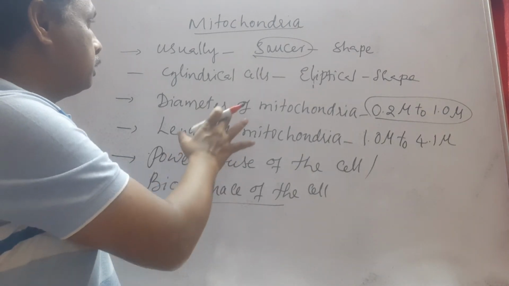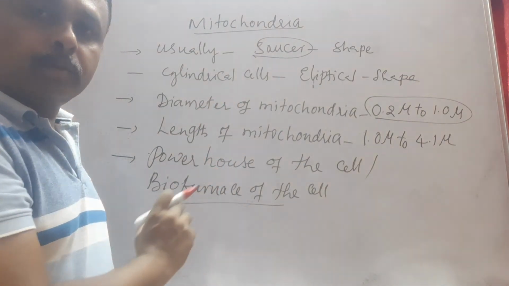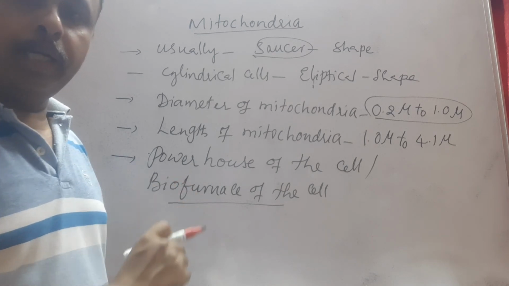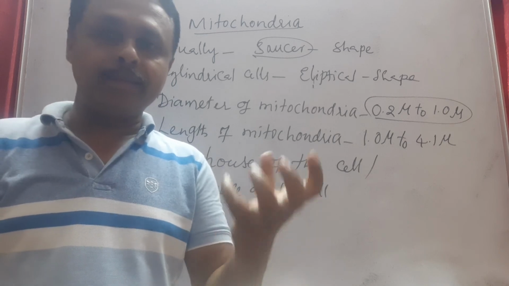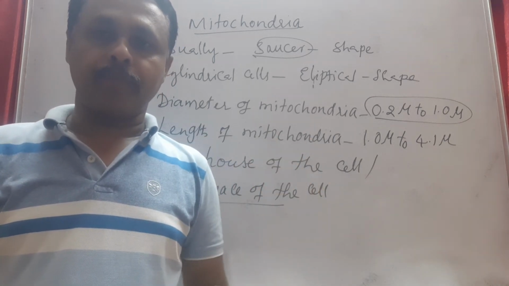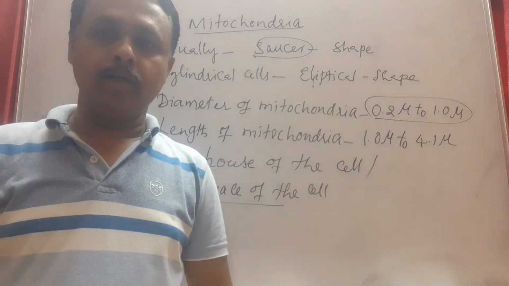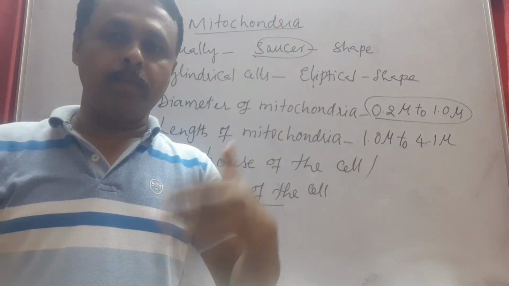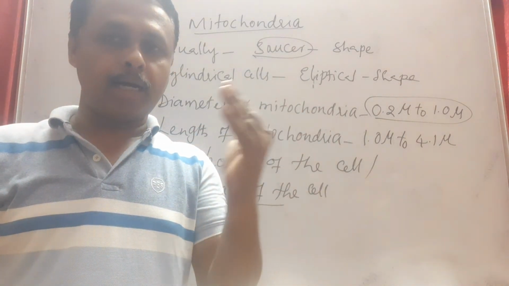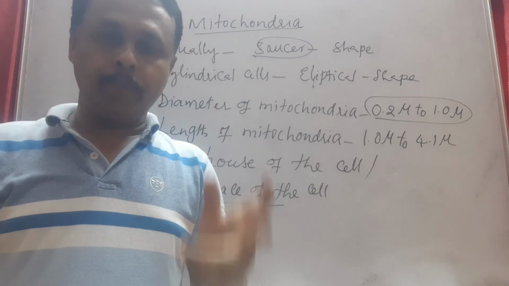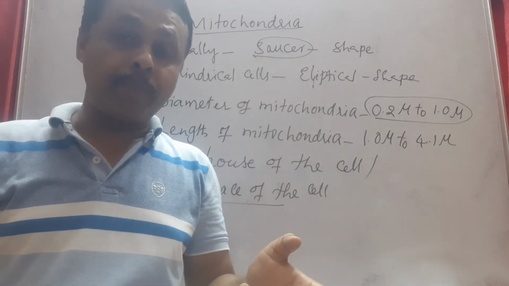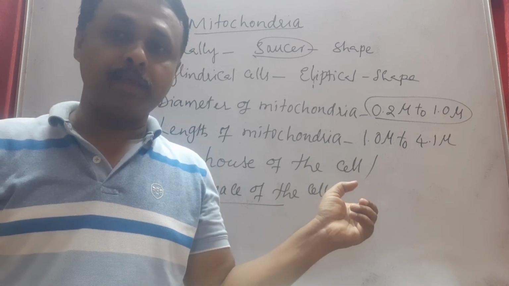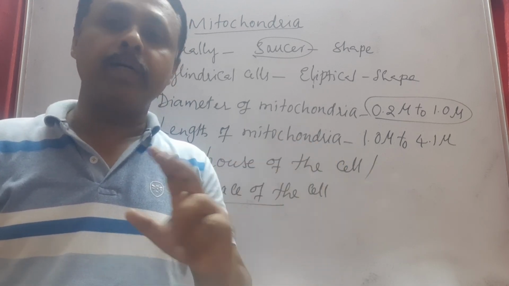So this is the introduction part of mitochondria. Here we need to understand the NEET point of view. What is the measurement of mitochondria? The number of mitochondria will be more in animals than plant cells, and even in plant cells, more in meristematic cells than permanent cells.